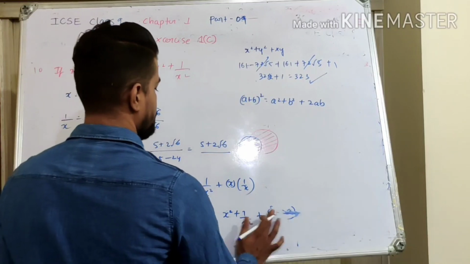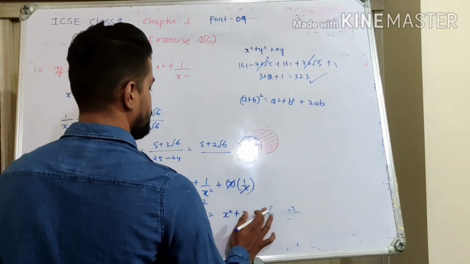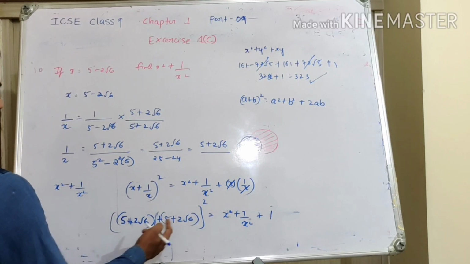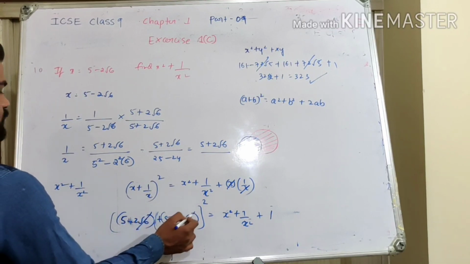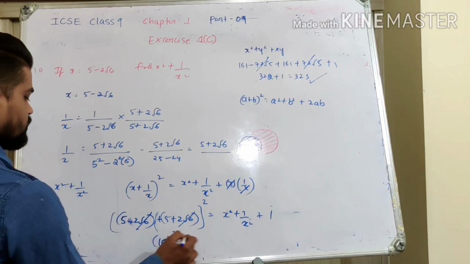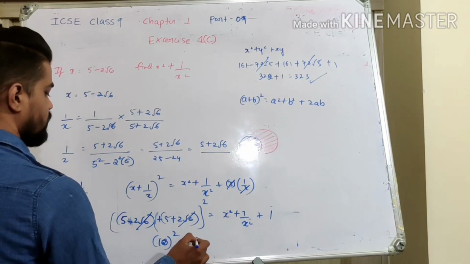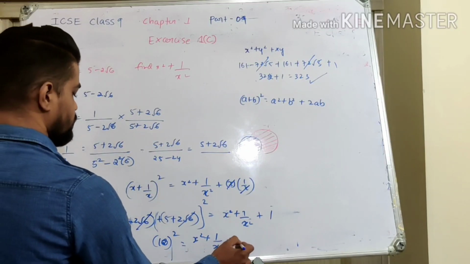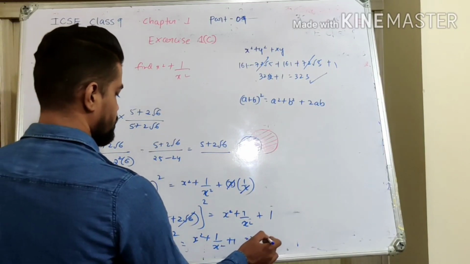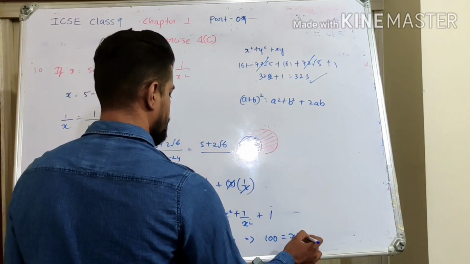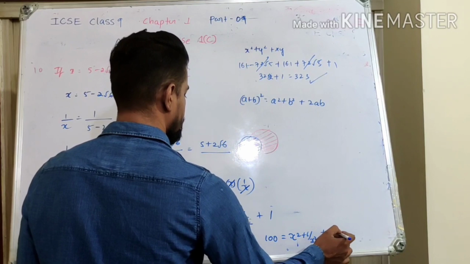I mean, x and 1 by x will cancel, no? So we end up with 1 here. Okay. So again this will be cancelled. Minus 2 root 6 plus 2 root 6. We end up with 10 whole square. That is equal to x square plus 1 by x square plus 1. So we end up with 10 square 100 is equal to x square plus 1 by x square plus 1.